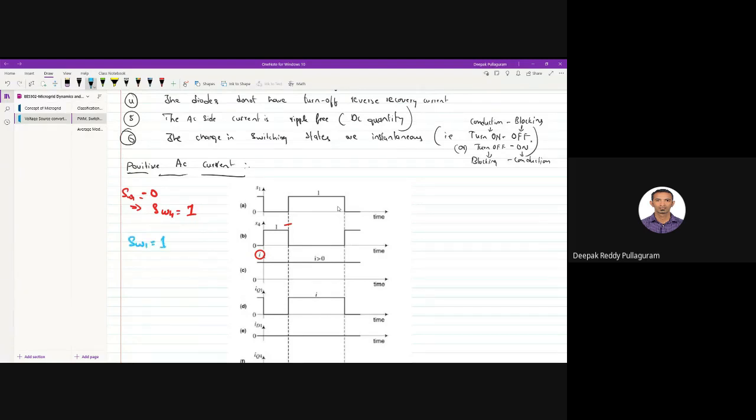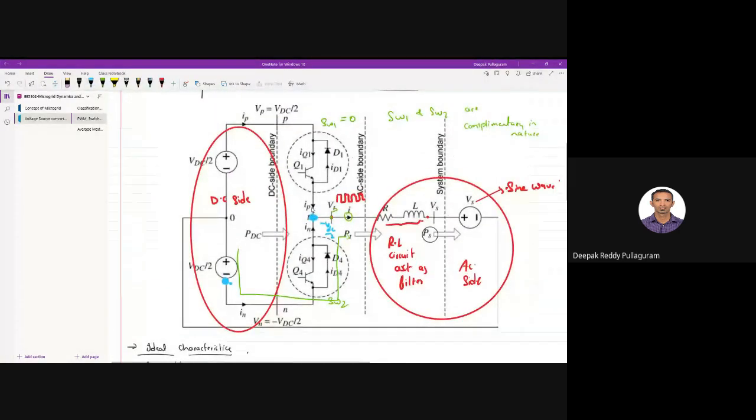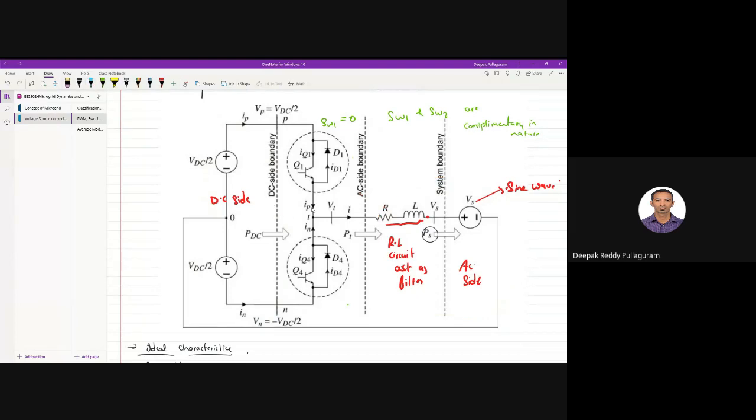SW1 is 1 and SW4 is 0. Under this condition, how does the current flow? Let me erase this again so that you don't get confused. Now you tell me how we can see this.